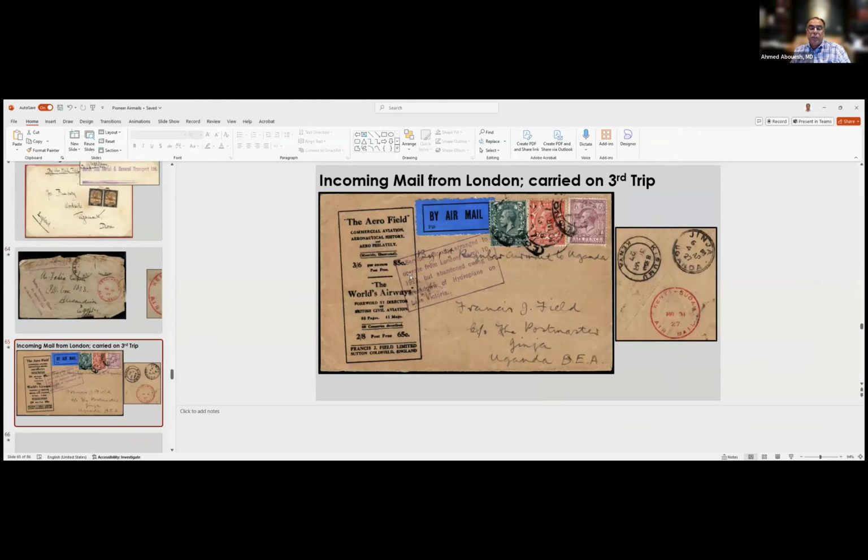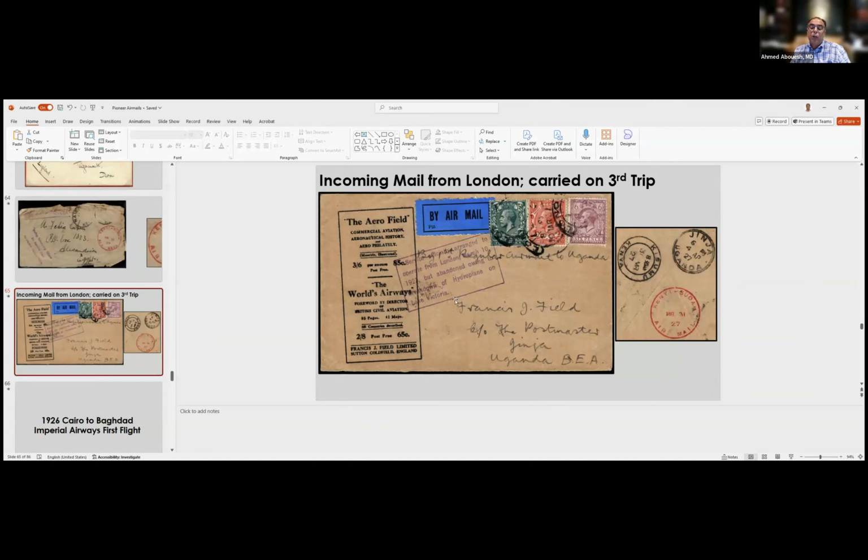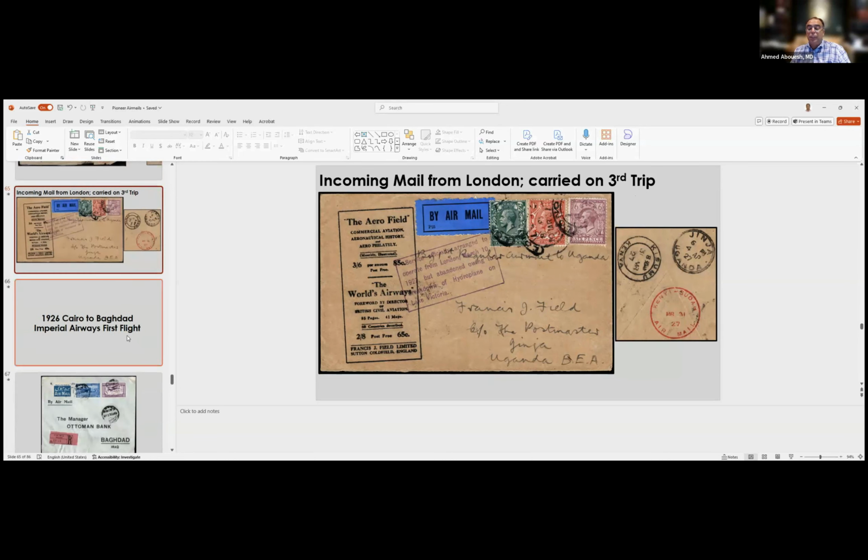And this is a cover flown southward from England to Uganda, flying eventually on the third flight. And eventually, in September of that year, this project was completely abandoned.